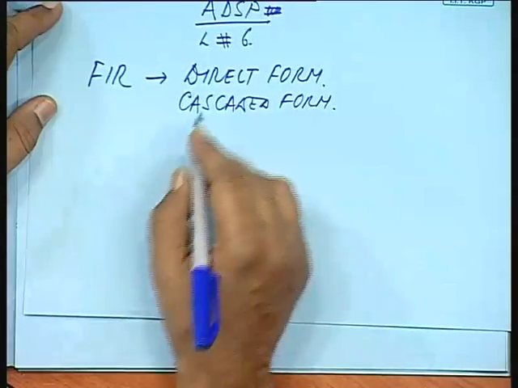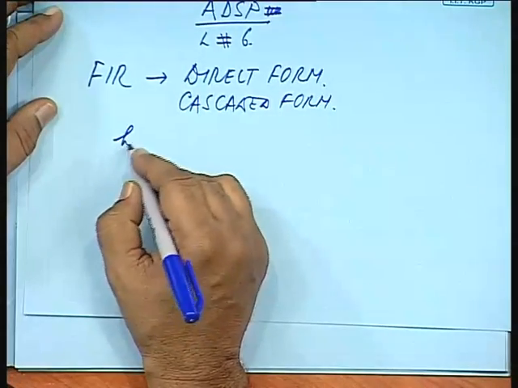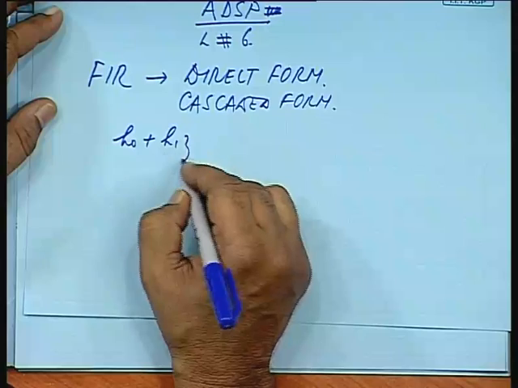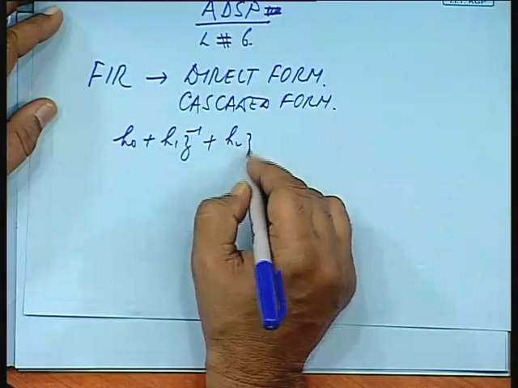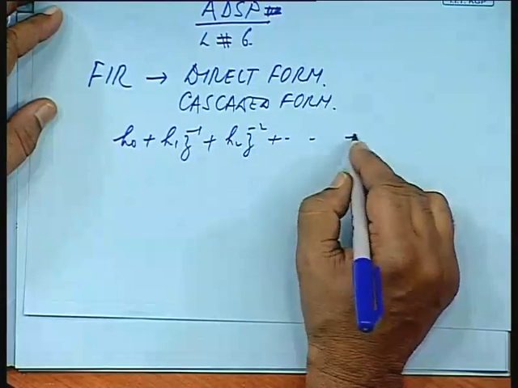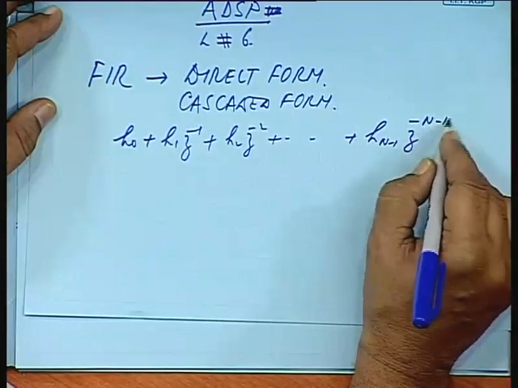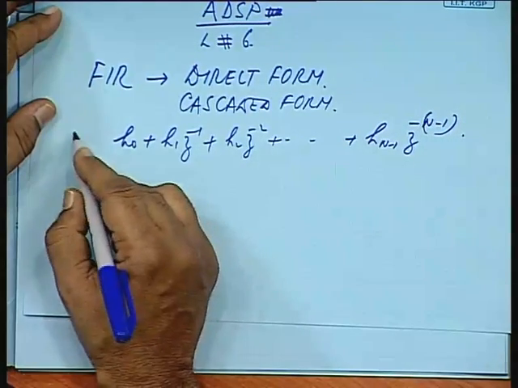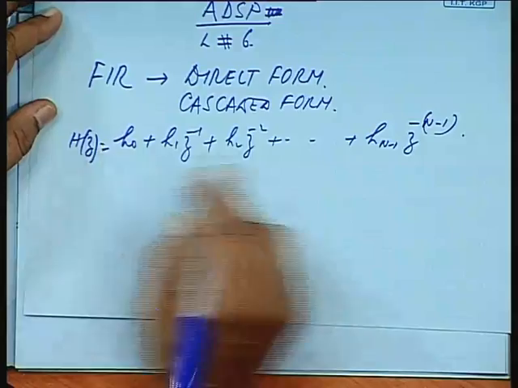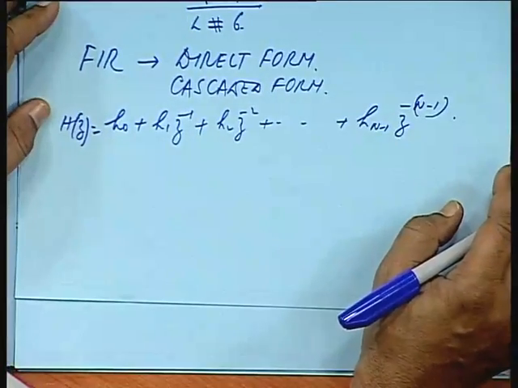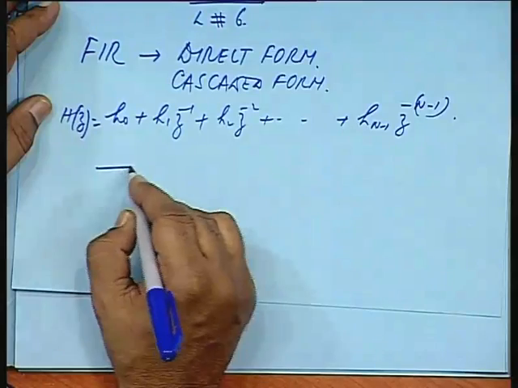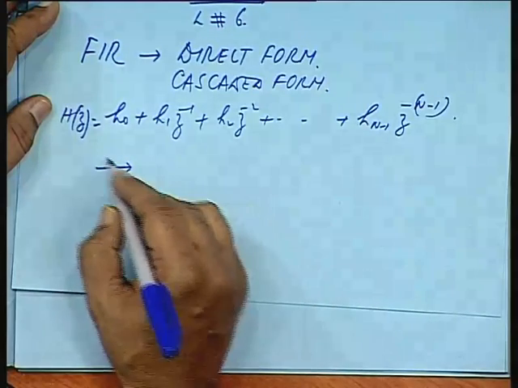All right. Direct form, it is like this: H0 plus H1 Z inverse plus H2 Z to the power minus 2 and so on, say Hn minus 1 Z to the power minus n minus 1. Suppose this is an n point sequence FIR filter. So, you take multipliers, this is xn.